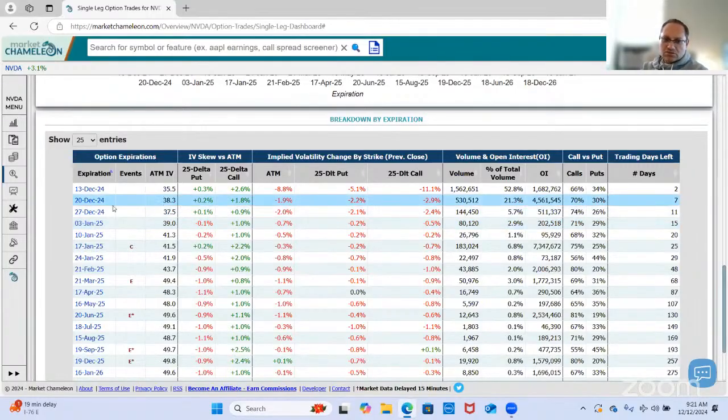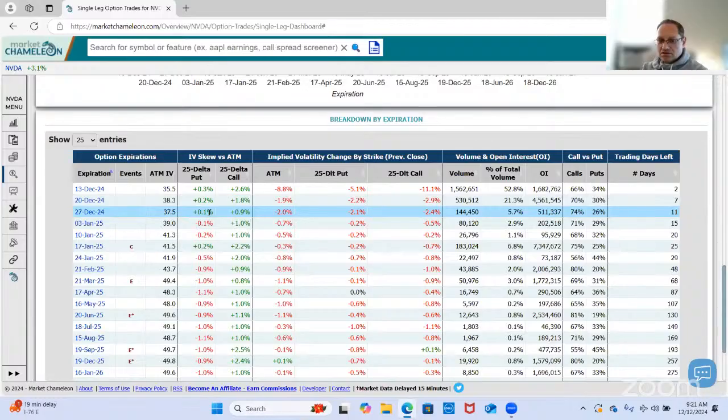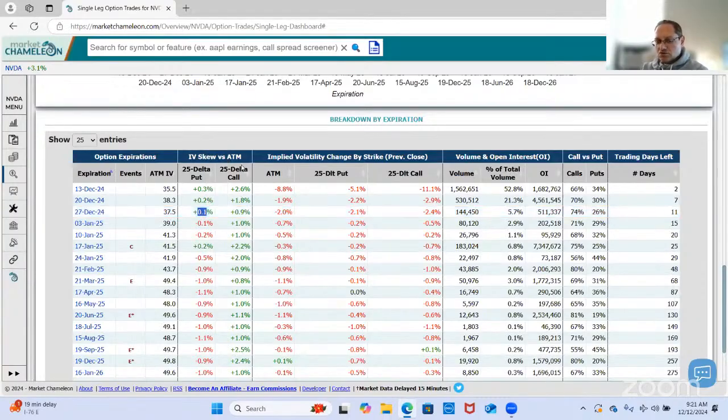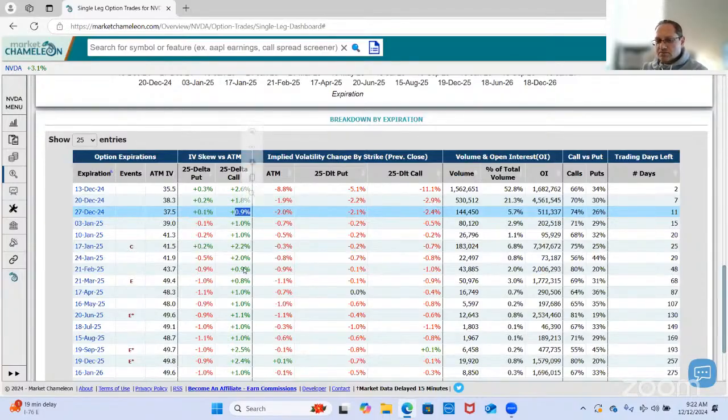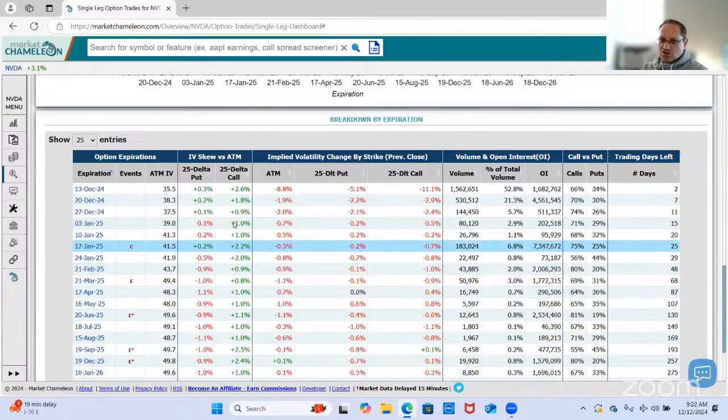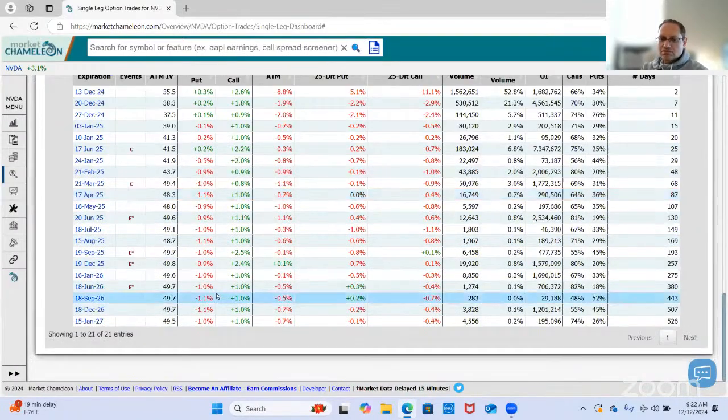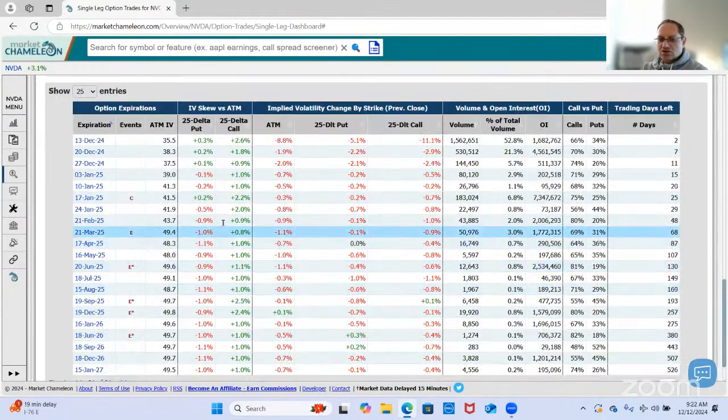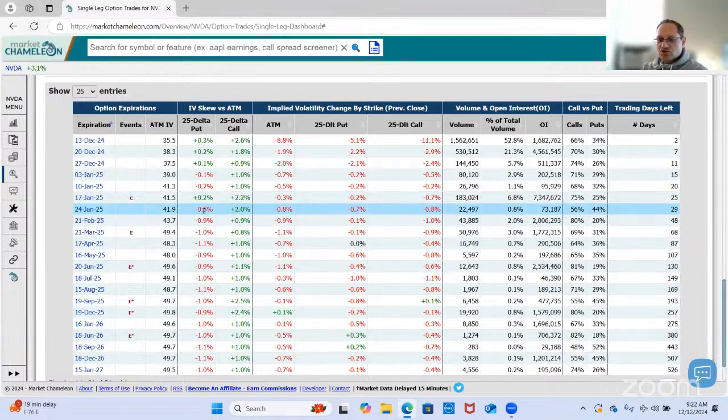So here, December 27th, you could see that the 25 delta put is close to where the at the money is, a little bit higher, and the 25 delta call, the upside call, is almost 1% higher. Here's something interesting as we go out further in time. This looks like so far there's a reverse skew. Look at January 24th.